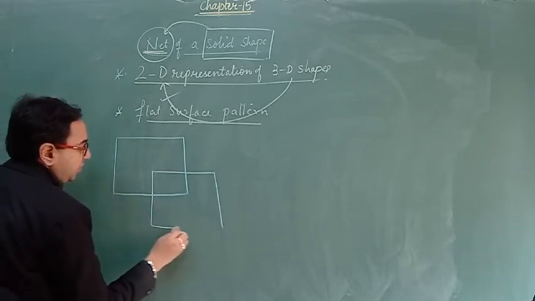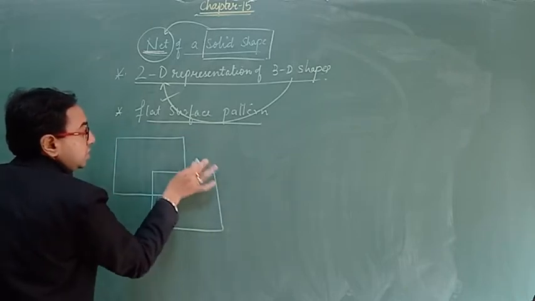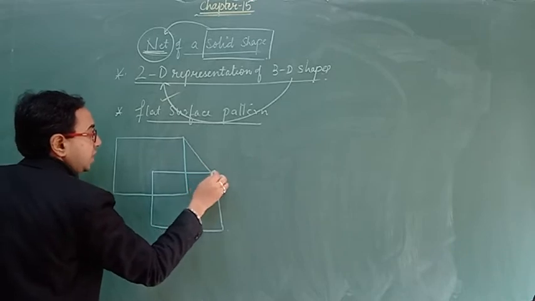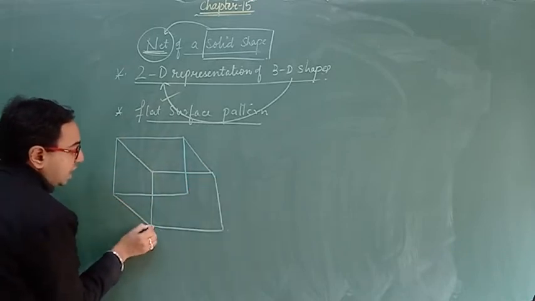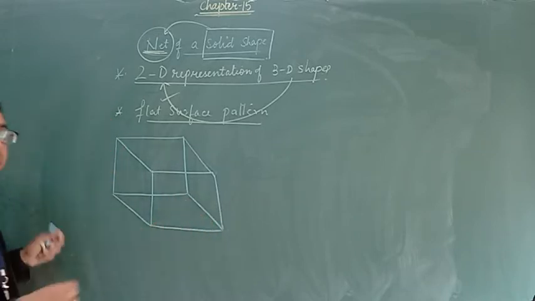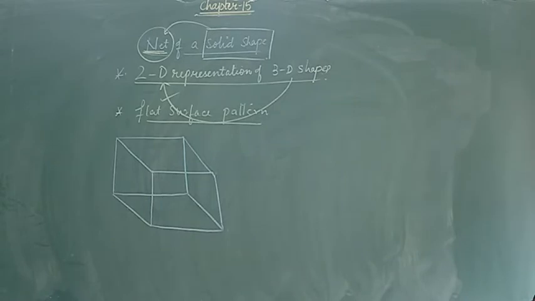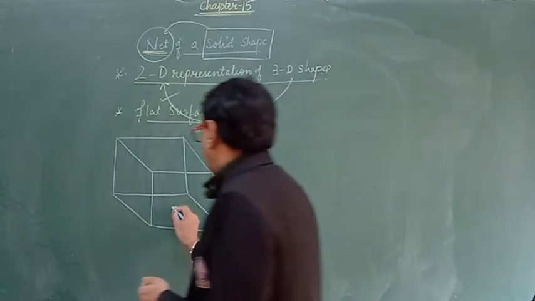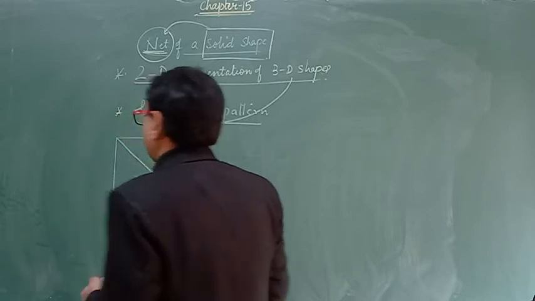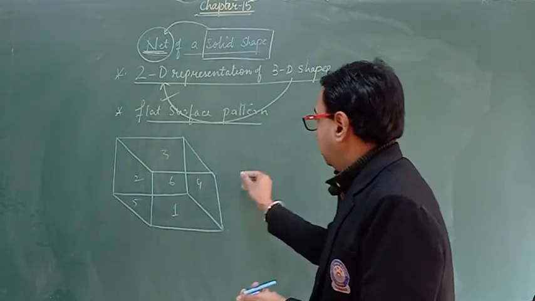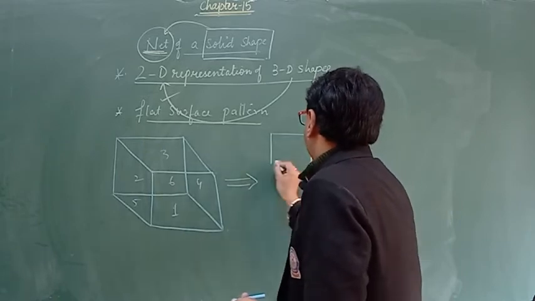A cube has how many faces? 6 square shape faces, right? So what we will do, we'll cut this cube into 6 faces. Let's observe: 1, 2, 3, 4, 5, 6. I'll do the slicing and convert it into 6 square faces.